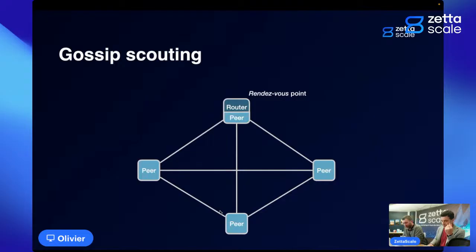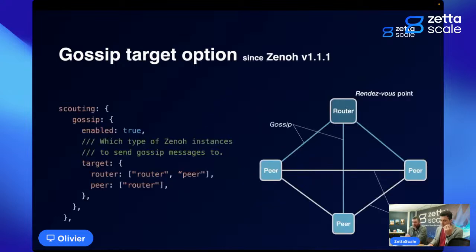You don't need it, and it's quite some traffic and treatment that you may want to avoid. So that's why we introduced the new target option that allows you to say, okay, in this case, for example, the router should send gossip messages to everybody, but the peer should only send gossip messages to routers.